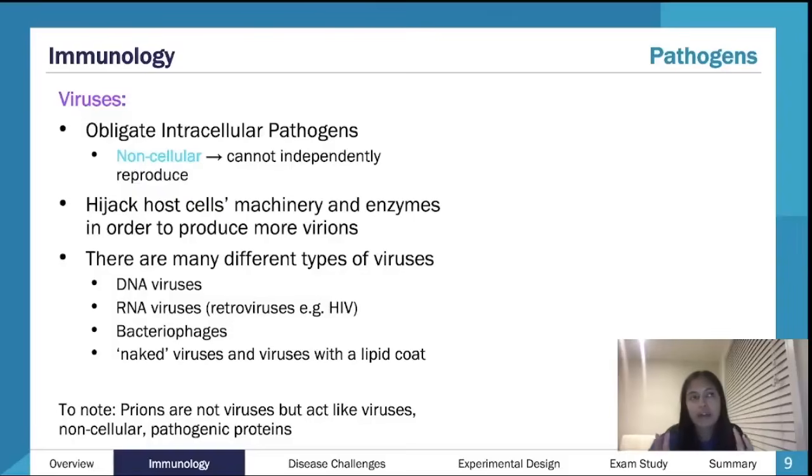So if you get infected with one, say you eat meat that's infected with a prion, you'll obviously eat the protein, and because it's a misformed protein, it will come into contact with the normal version of the protein in your body, and then it will convert it. It will change that normal protein to this misfolded protein, and it's really harmful.